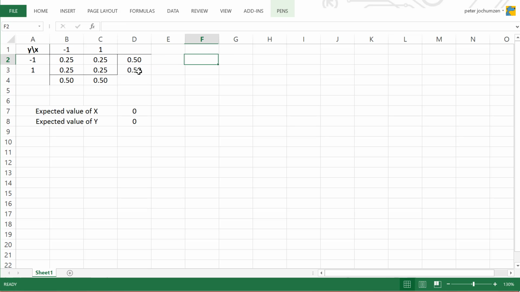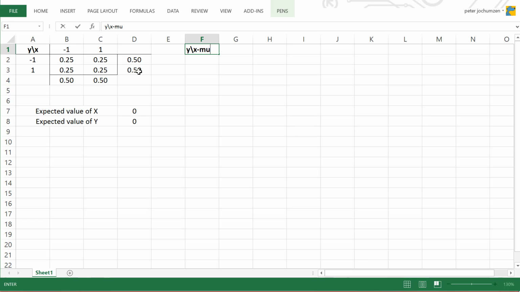So the next thing we need to do in order to find the covariance is to find the values that these random variables can take and remove the expected value. So I'm just going to type y, x, minus mu.